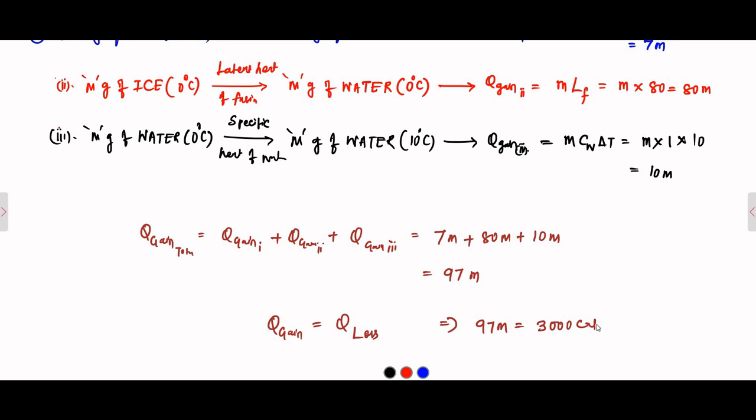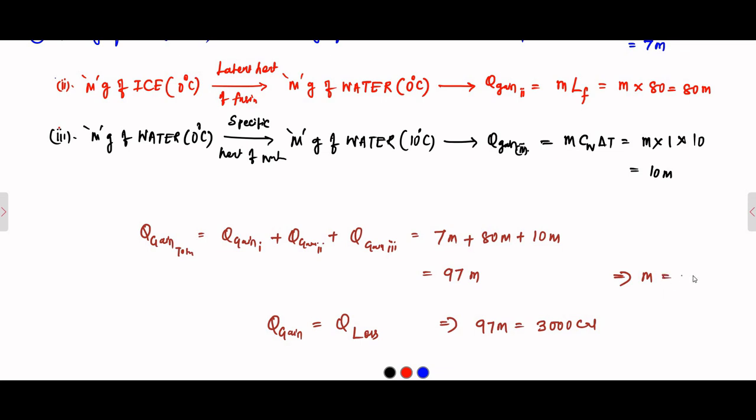That is the heat lost by water at 25 degrees Celsius to change to 10 degrees Celsius, and 97m is the heat gained by ice to change from minus 14 degrees Celsius to 10 degrees Celsius.